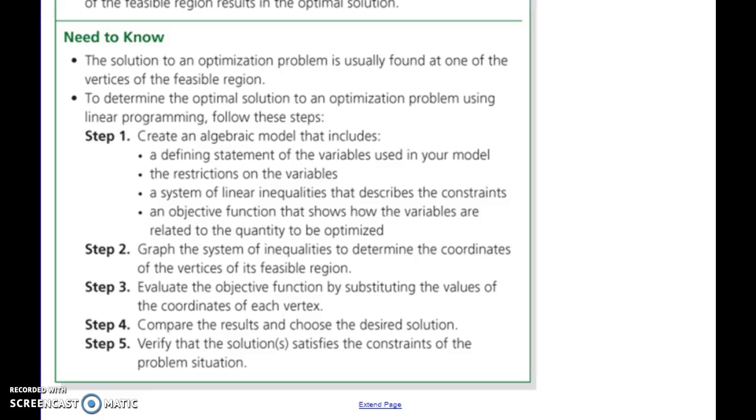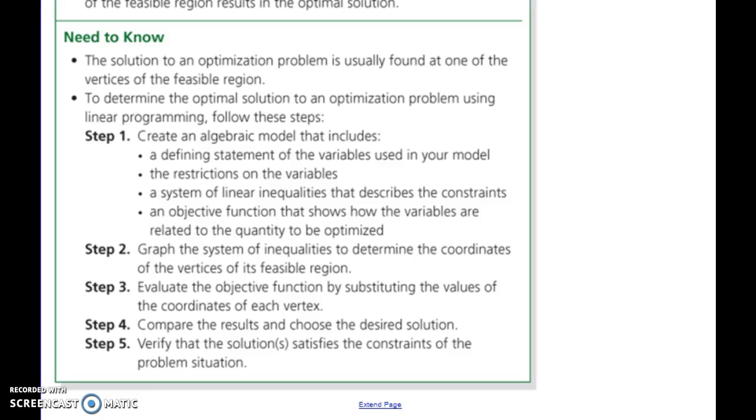So step 1, you're going to create an algebraic model that includes a defining statement, restrictions, systems of linear inequalities, and an objective function. So basically what you're doing is reading a word problem, specifying what your variables are. So maybe your x is watermelons and y is oranges.